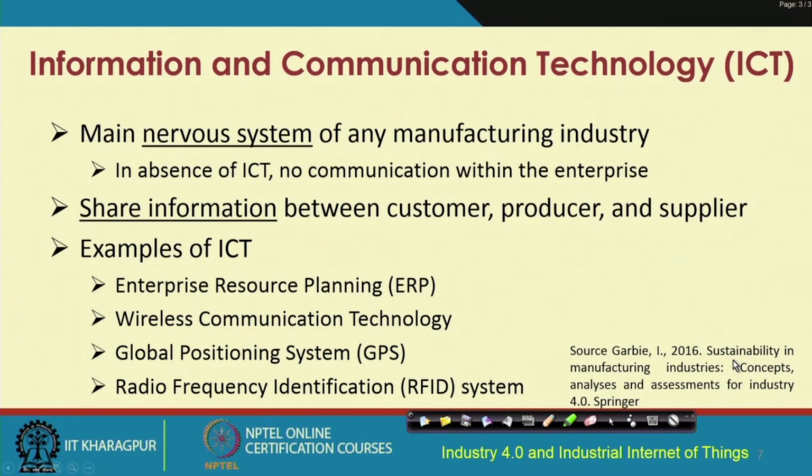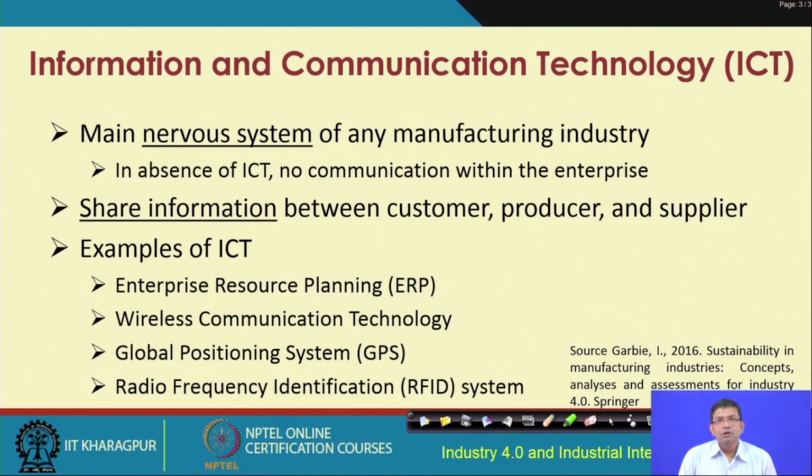The second thing is the introduction of ICT, information and communication technology, and as we know, ICT overall is the backbone of most of the modern manufacturing industries today. If there is no information technology or communication technology, there is no communication within the enterprise and across enterprises.